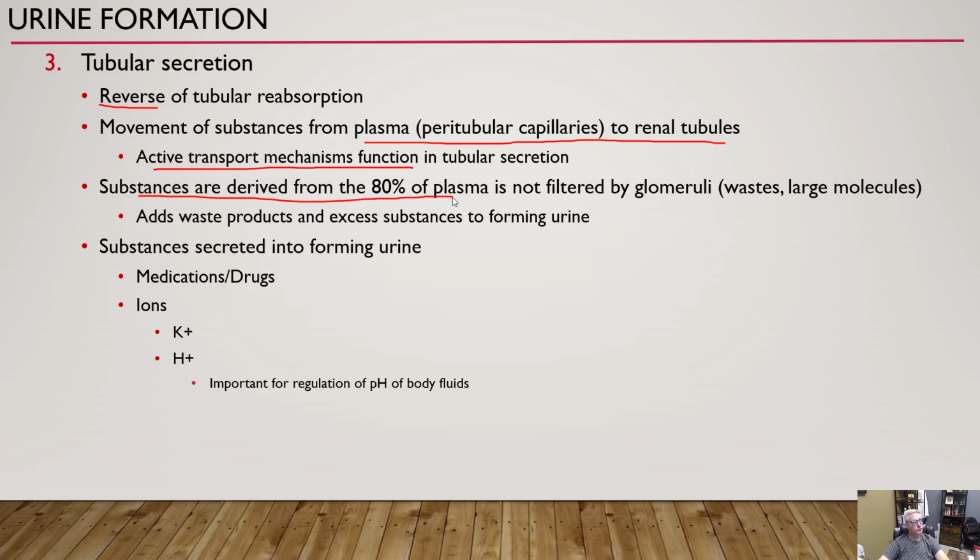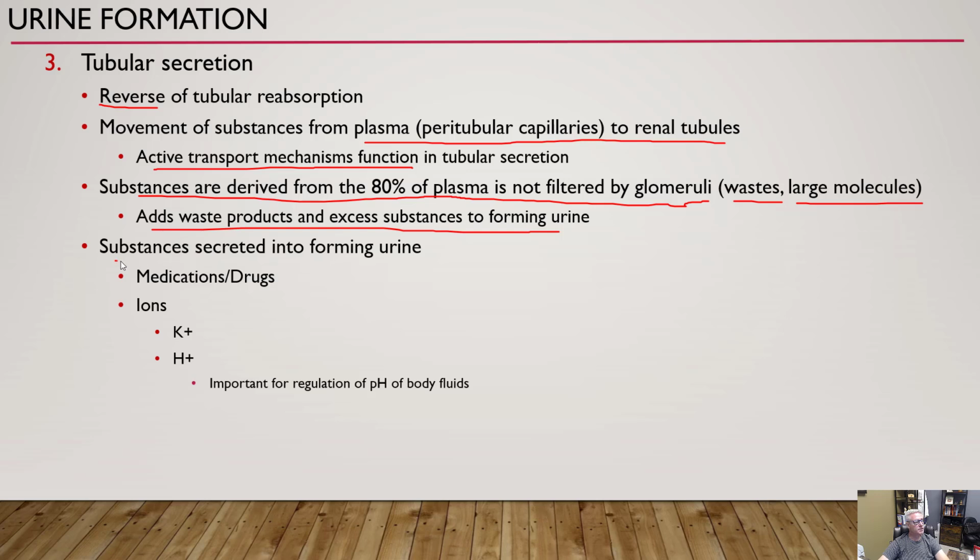So some of these, or most of these, 80% is going to be the plasma that was not filtered by the glomerulus. So more waste products or larger molecules. So now we're going to be adding more waste products to form the urine.